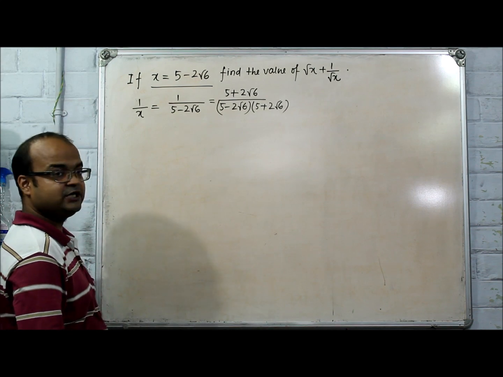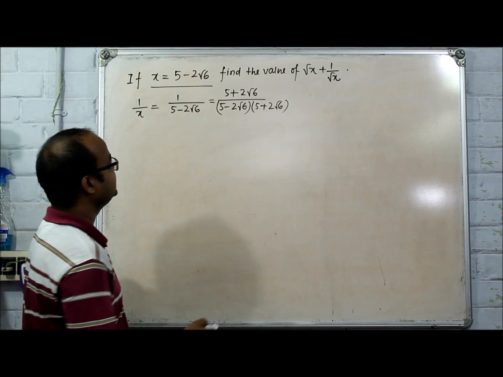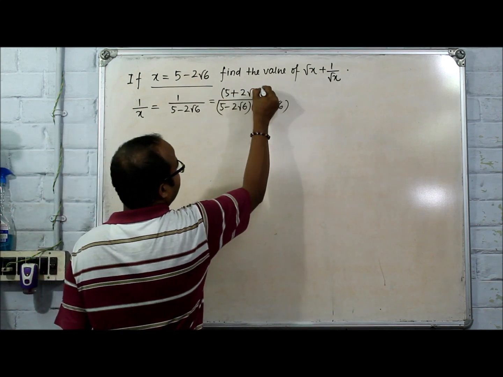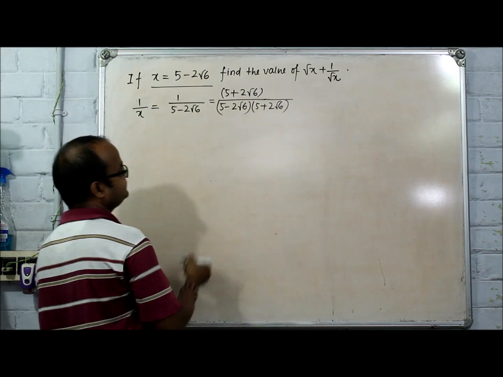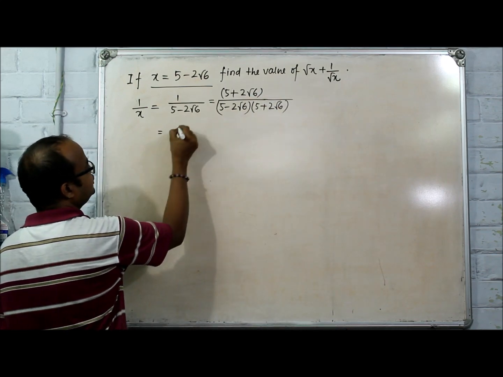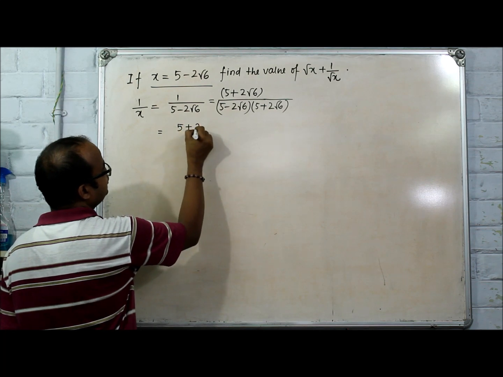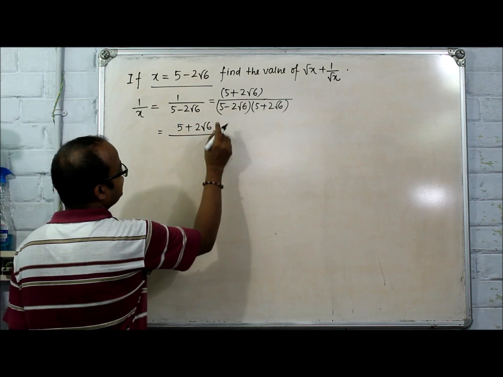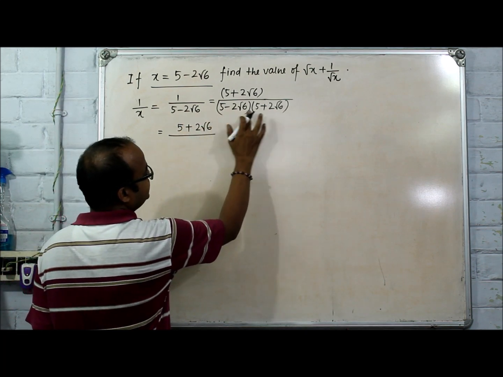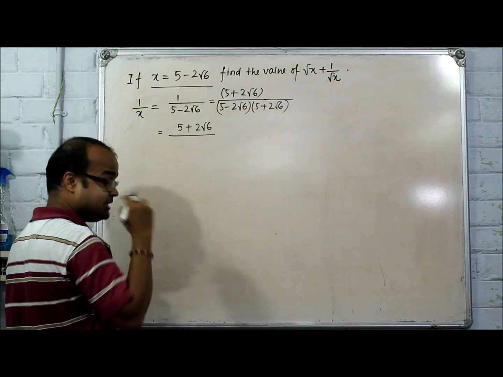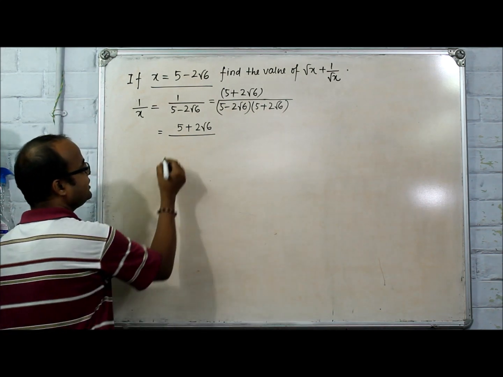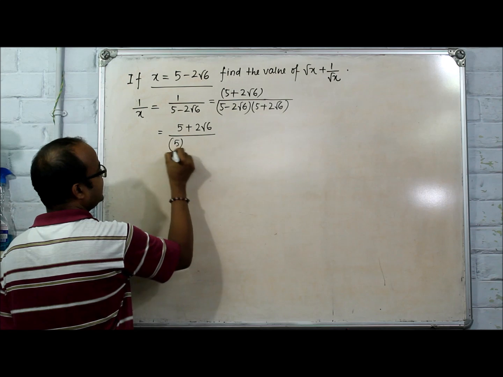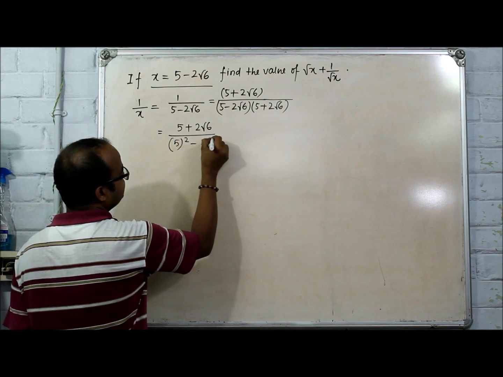We are multiplying numerator and denominator by 5 plus 2 root 6. So this is equal to 5 plus 2 root 6. The denominator is a minus b into a plus b, that is a square minus b square. So 5 square minus 2 root 6 square.